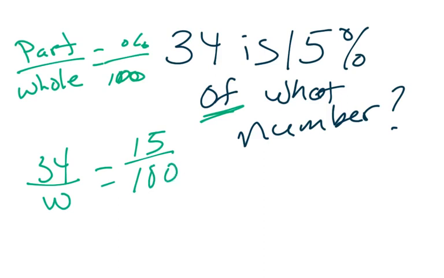So that's where I'm at. Now this is where I need to cross multiply, because going from 34 to 15 is not friendly. I can't just multiply or divide by a number to get from 34 to 15 easily. So this is one where I need to cross multiply.